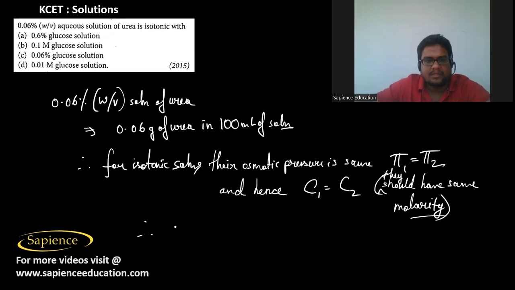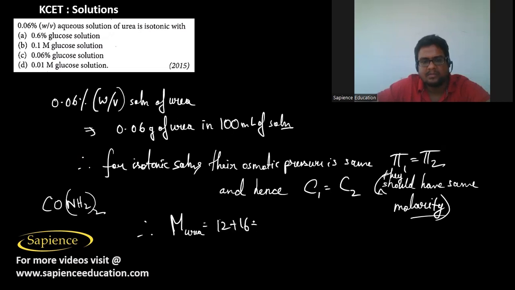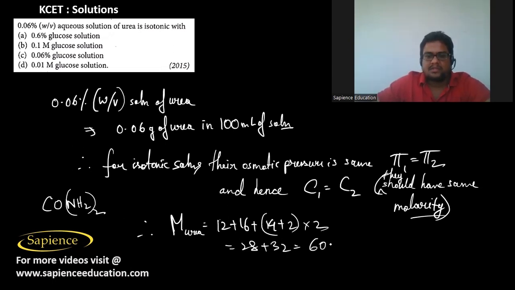So now the molar mass of urea, as you know, urea is CONH2 whole 2. So it is CO, that is 12 plus 16, plus 14 plus 2 into 2. So that will be 28 plus 32, that is equal to 60 gram.